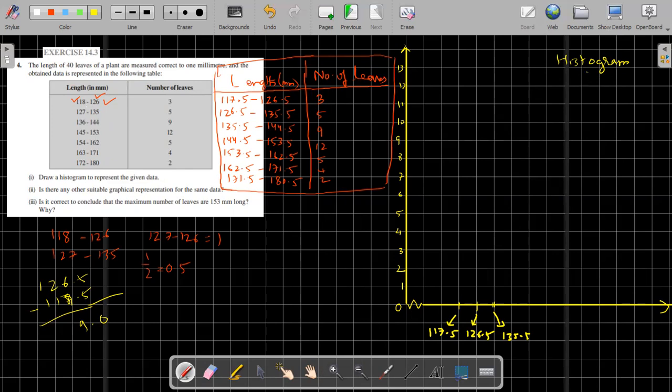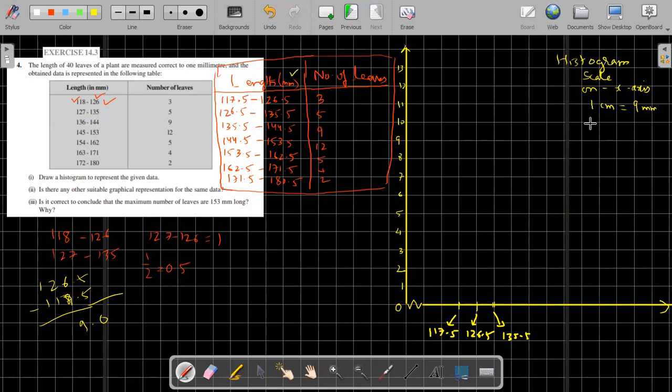You can write the scale on the x-axis: 1 centimeter is equal to 9 millimeter, because the length is given in millimeter.